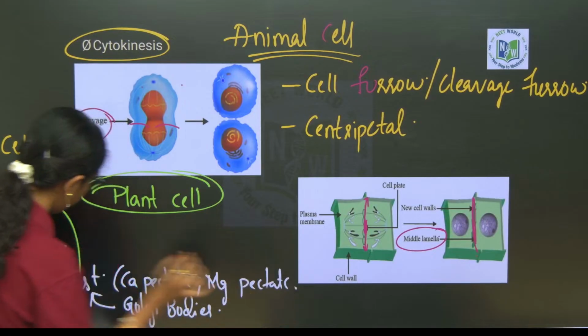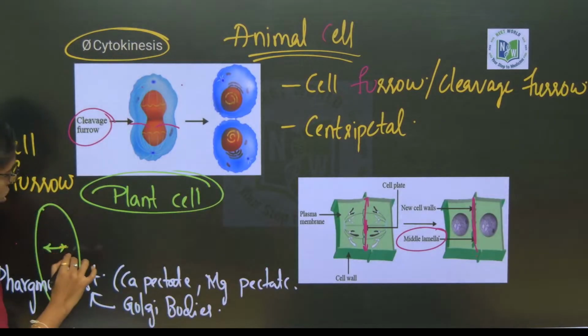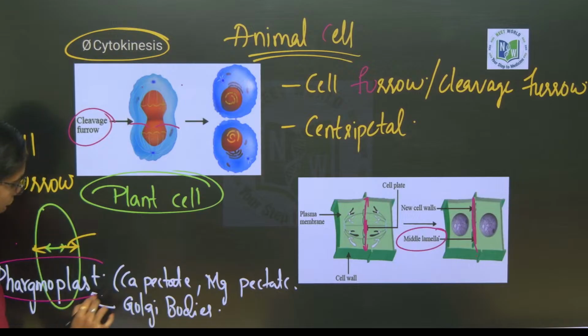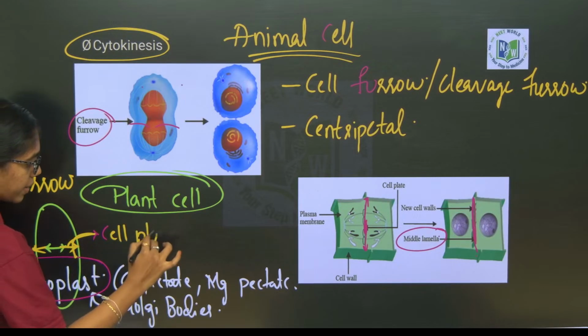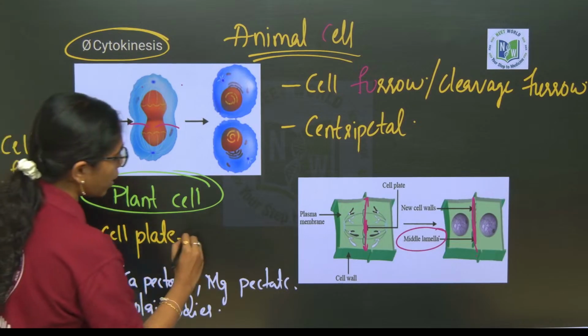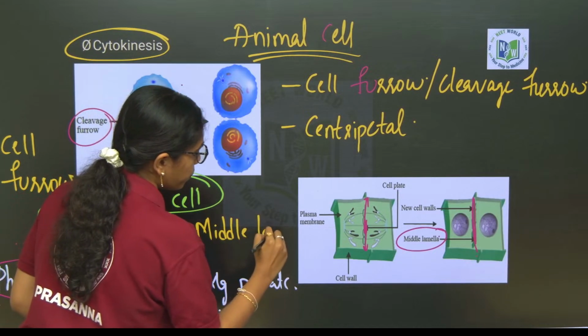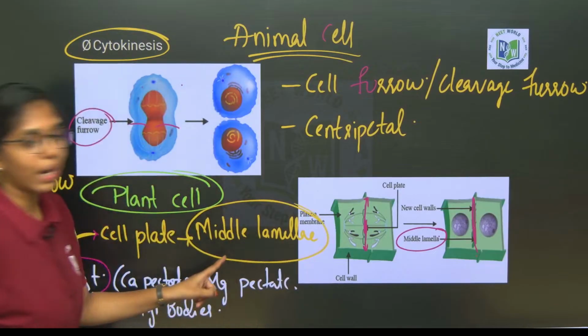Once this phragmoplast moves towards the peripheral ends, it is called what? Cell plate. It is centrifugal because it is from the center to the periphery, right? Cell plate will mature to what? Middle lamellae. Middle lamellae is the common wall between two plant cells.